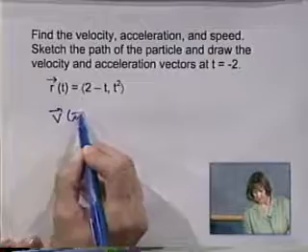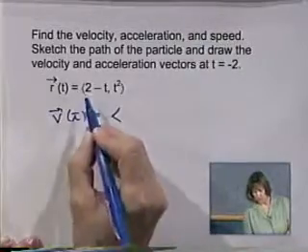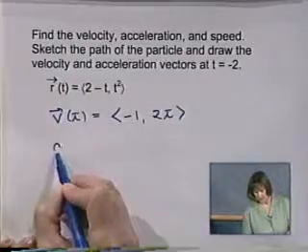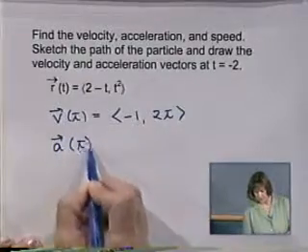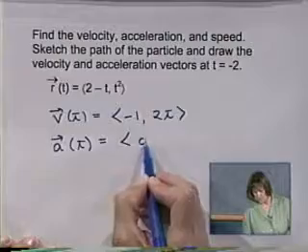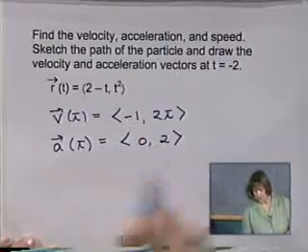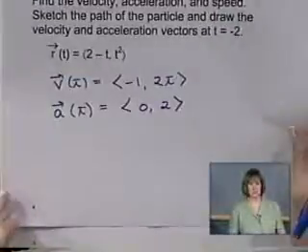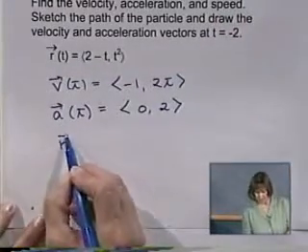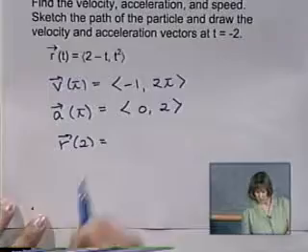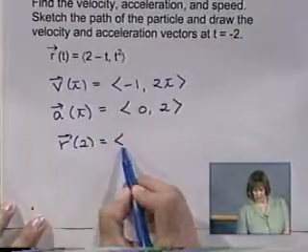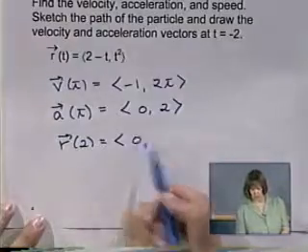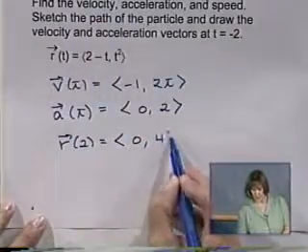V of t is equal to, derivative of 2 minus t is a -1, derivative of t squared is 2t. And my acceleration vector is derivative of -1 is 0, derivative of 2t is 2. All right, now in particular, if I'm concerned about where is my object at t equals 2, I plug a 2 up in here, and I get my object at t equals 2 is 2 minus 2, which is 0, and 2 squared is 4.